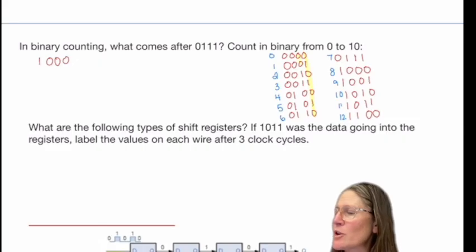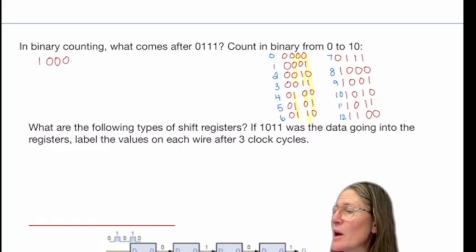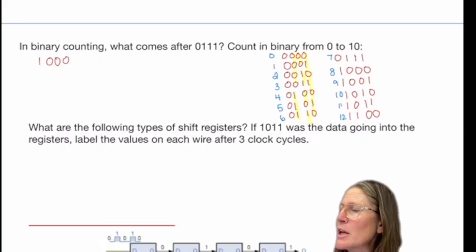The next one over goes every 2, the next one goes over every 4, and then the next one goes over how many? Every 8.